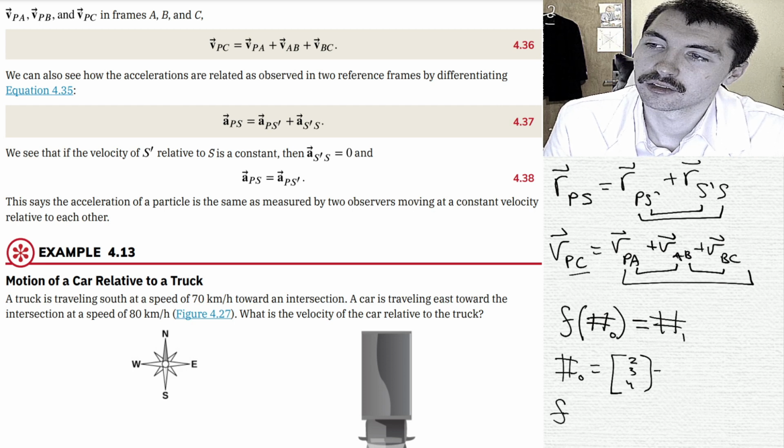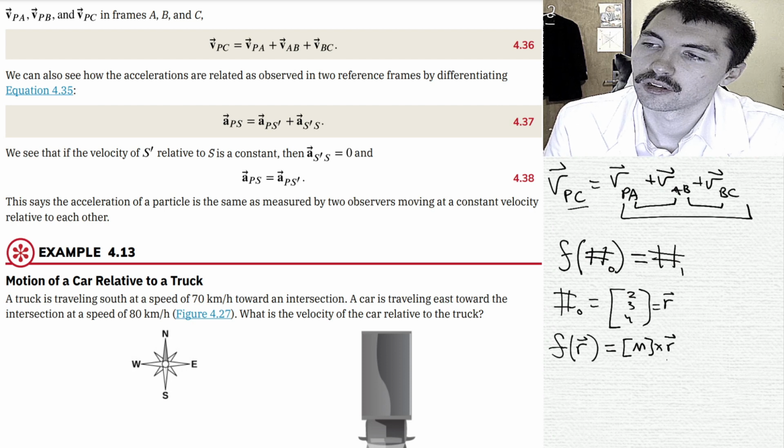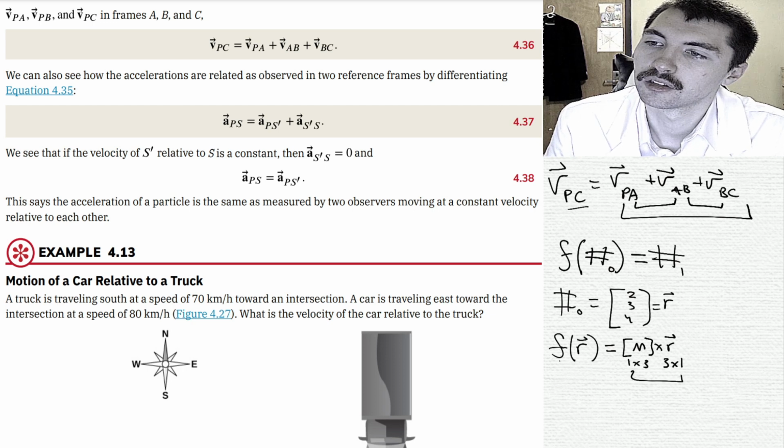So let's say it's R. Then f of R would be some matrix M times R. Okay, so if this vector is 3 by 1, then this matrix must be 1 by 3. So therefore, this would be 1 by 1.